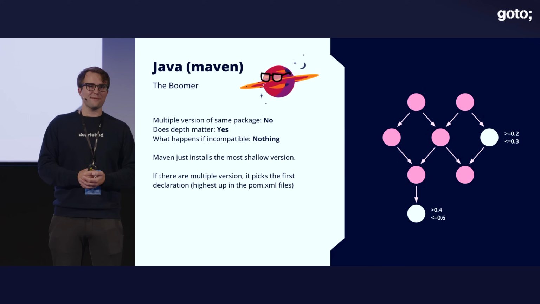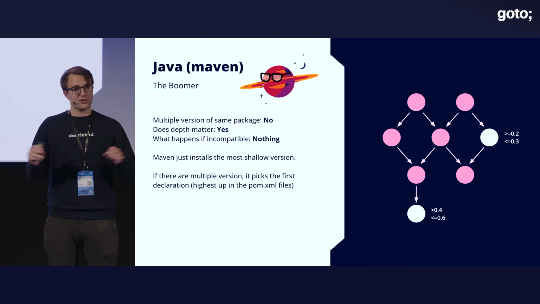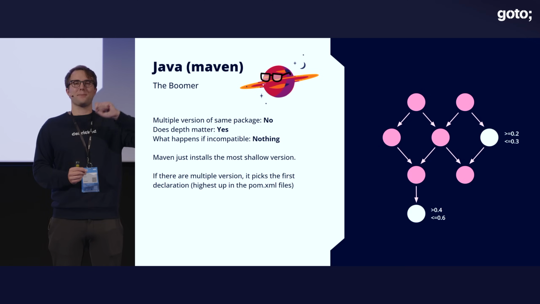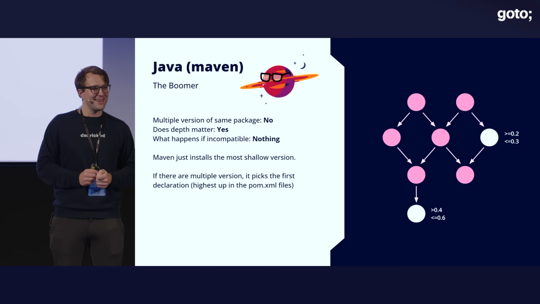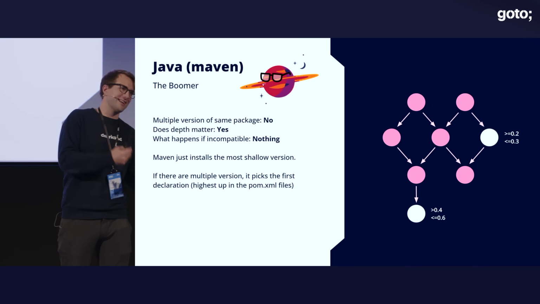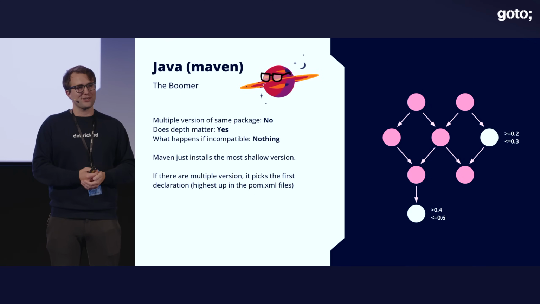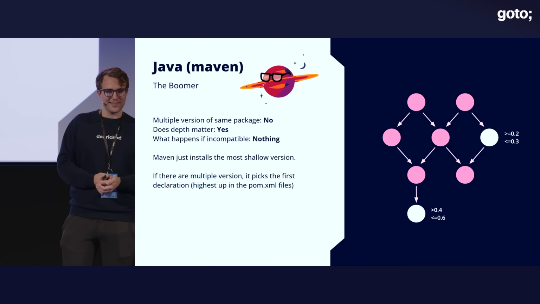And even if there are multiple versions at the same depth, the resolution algorithm is to pick the one that's highest up in the POM files. So actually, maybe not a great resolution algorithm if you want to make sure that you don't get breaking changes.